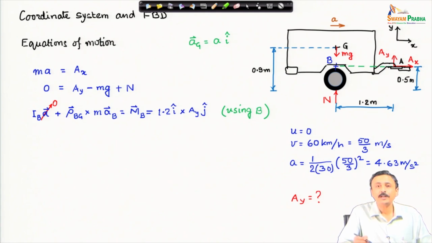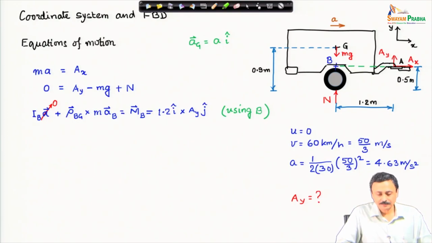Because the net moment about B will be contributed only by Ay. Ax will not contribute because the moment arm is 0, N and weight, all these forces will not contribute because they pass through the point B. Therefore, the moment arm is 0. Therefore, using just one equation I can solve the force in the vertical direction at the pin.